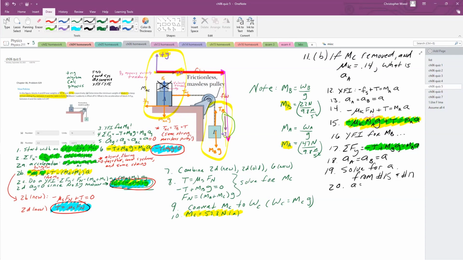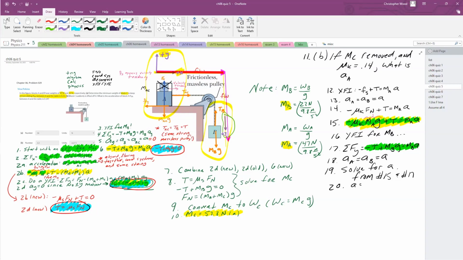So when I solve for acceleration, minus mu sub k, which is now 0.14, times MAG. MAG for me is 47. That number's just sitting there. Plus MBG. MBG is just the weight of B. That's 22. Divided by the mass of A. So I have to go through that conversion.